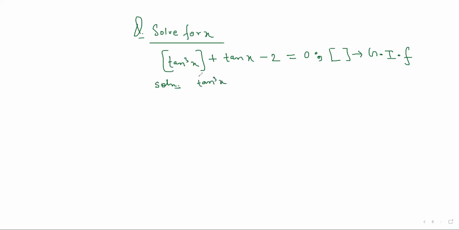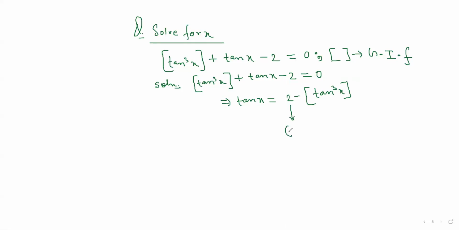Tan cube x plus tan x minus 2 is equal to 0. So from here we can say that tan x is equal to 2 minus tan cube x. 2 is integer, and here this is also integer.